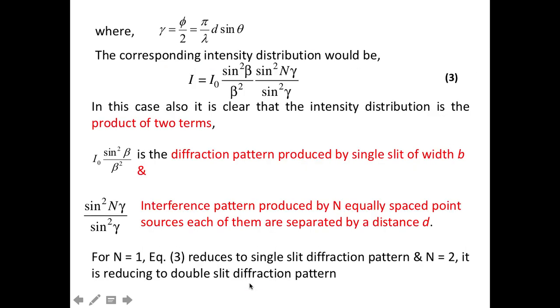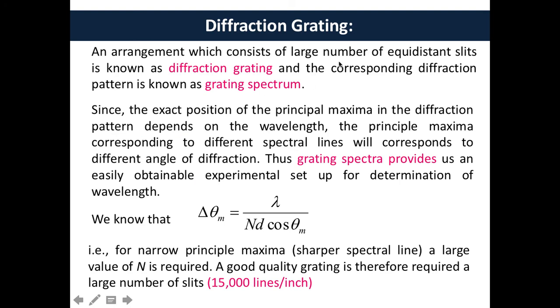Okay, the next topic is diffraction grating. A diffraction grating is an arrangement which consists of a large number of lines or equidistant slits, and the corresponding diffraction pattern is known as the grating spectrum. The exact position of the principal maxima in the diffraction depends on the wavelength.